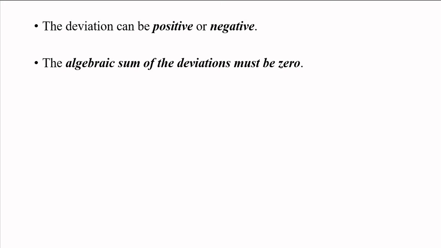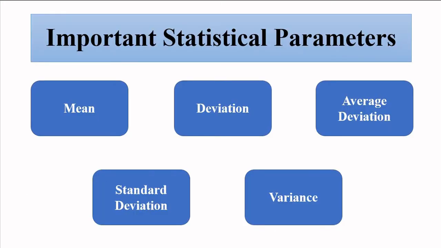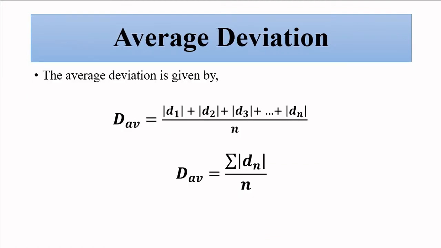Then we have another important parameter, which is average deviation. The average deviation of the individual readings is given as the sum of the absolute values of the individual deviations divided by the number of readings that are taken.